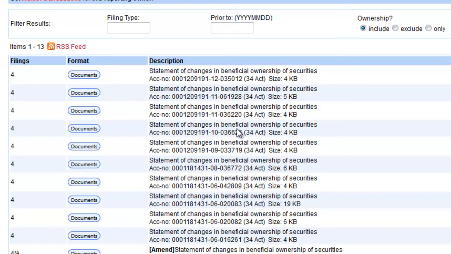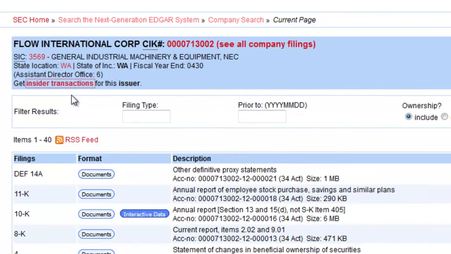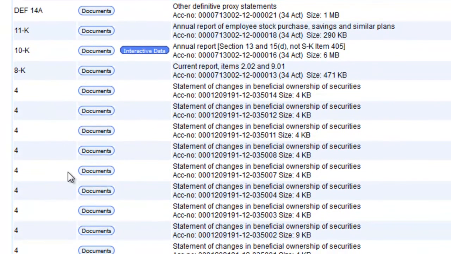So if we wanted to find out how often the CEO buys, it would be much better to go through this link than to go one by one and try to find out how many shares the CEO bought, and in the process we also find out how many shares the CFO bought and other insiders.